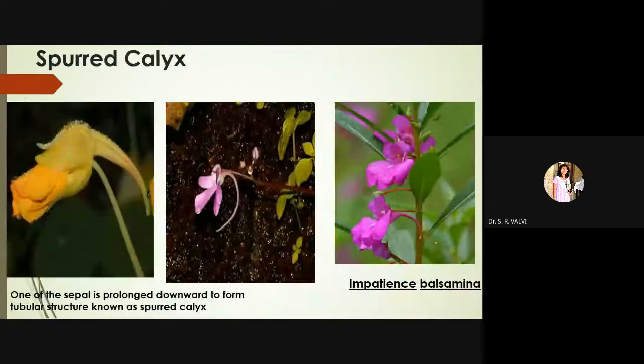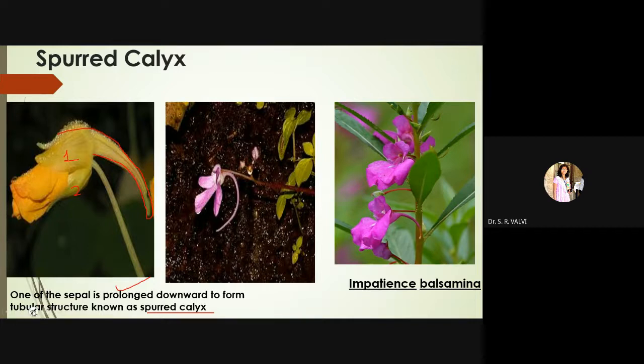Now next, spurred calyx. What is the meaning of spurred? Here I have written that one of the sepals is prolonged downward to form a tubular structure, known as spurred calyx. Here you can see this is sepal number 1, we give here 2, then on the backside 3, 4, and this one is prolonged downward to form a tubular structure.